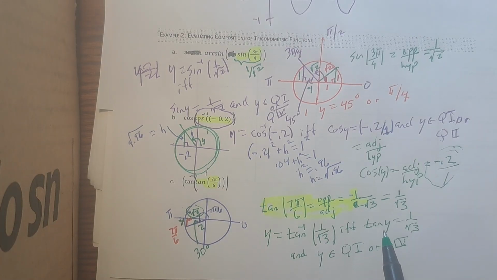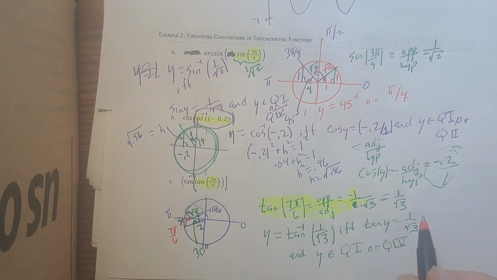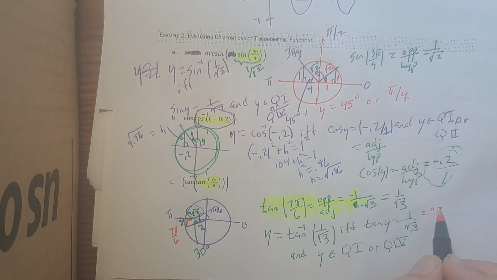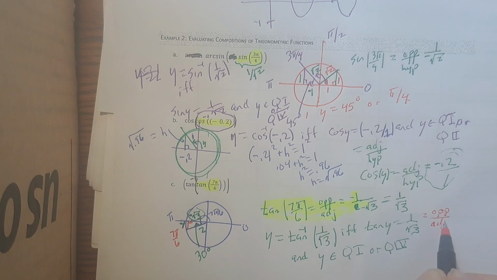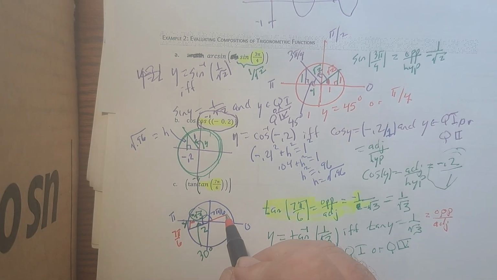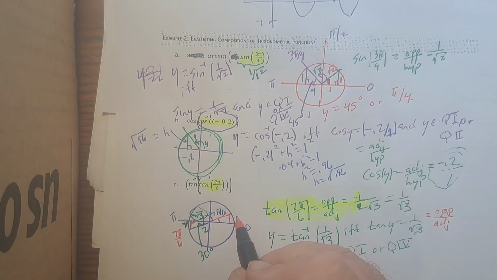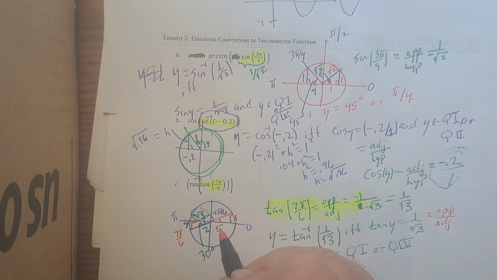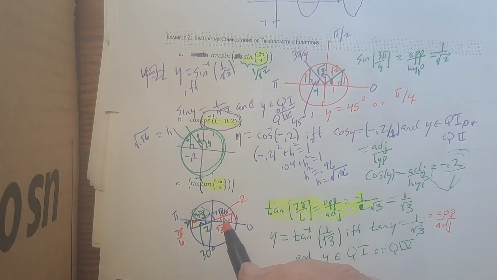So tangent is positive in the first quadrant. This is a positive number, so it has to be in the first quadrant. So we're looking for a triangle whose opposite side is 1, whose adjacent side is square root of 3, which means this is a 2 because it makes a 30, 60, 90.